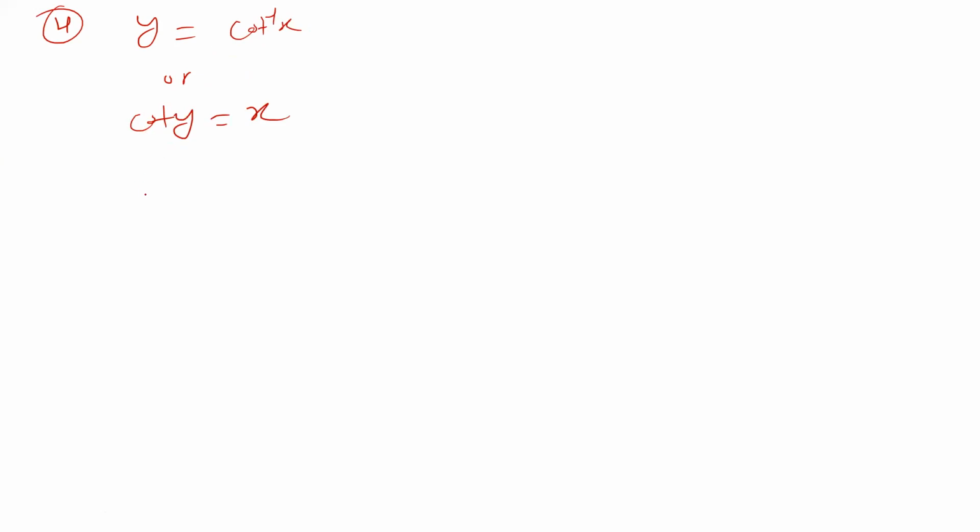Then take the derivative on both sides. Then what is the derivative of cot y? Minus cosec square y into the derivative of y. We are applying the chain rule.